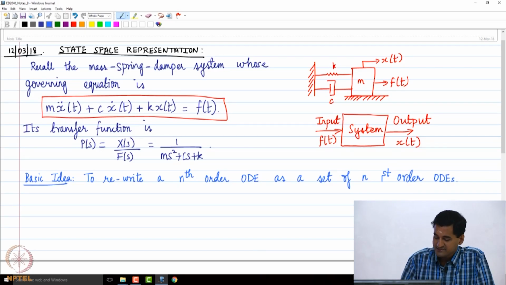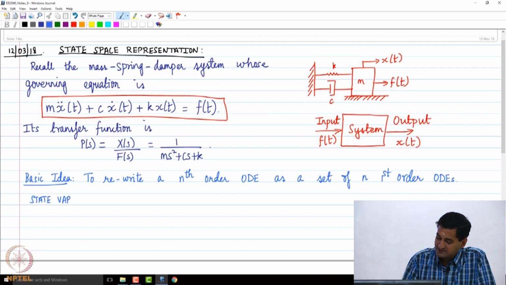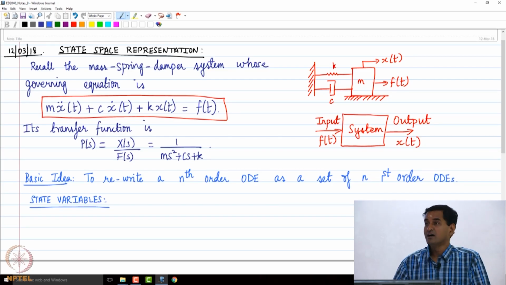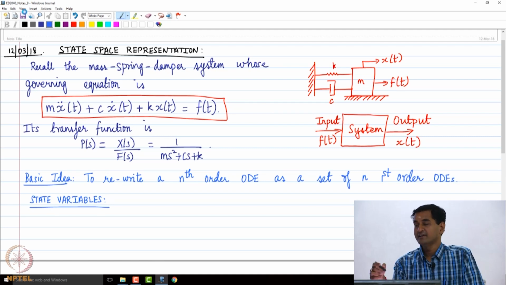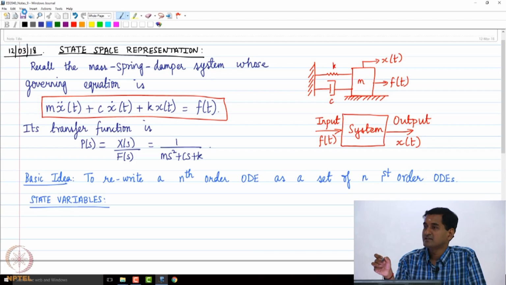To do that, we first need to define what are called state variables. So, what are state variables? Let me give an example. In this mass spring damper system, I can consider the displacement of the mass and the speed of the mass as state variables.